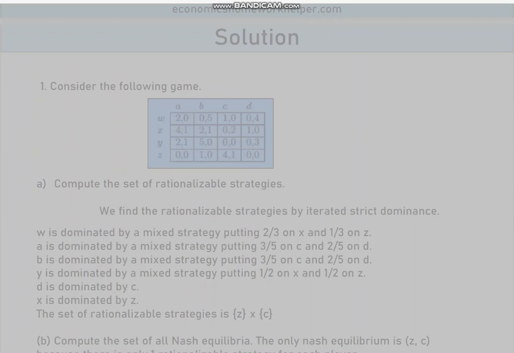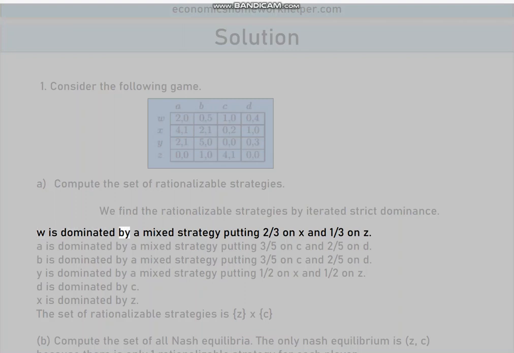Economicshomeworkhelper.com. 1. Consider the following game. A. Compute the set of rationalizable strategies. We find the rationalizable strategies by iterated strict dominance. Solution.